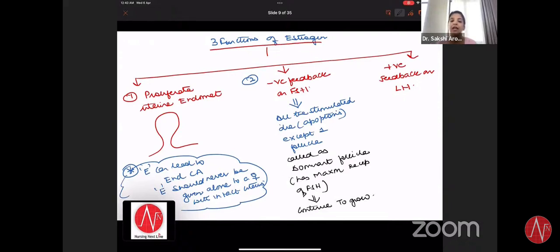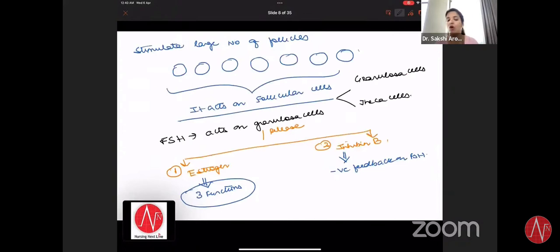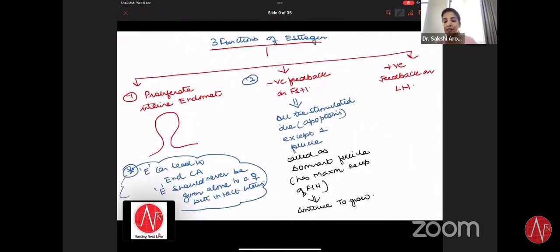Okay, so I am repeating. What was happening was, under the effect of FSH, a large number of follicles were stimulated. Now what did estrogen do? Estrogen decreased FSH. When FSH decreases, all of the stimulated follicles are going to die, except one follicle, and that follicle will be called the dominant follicle.